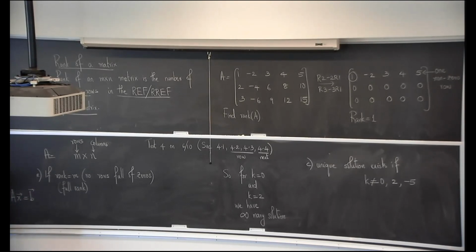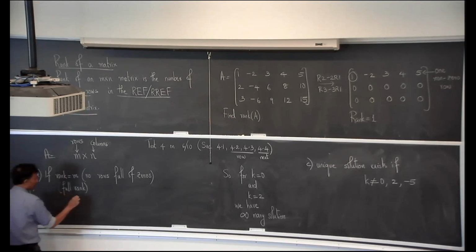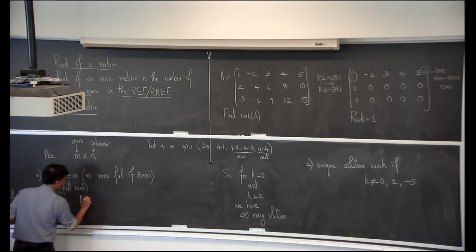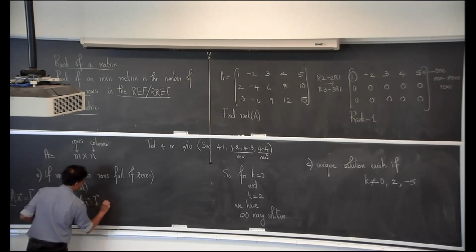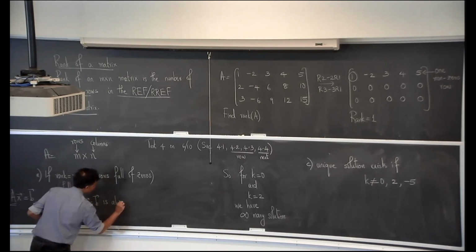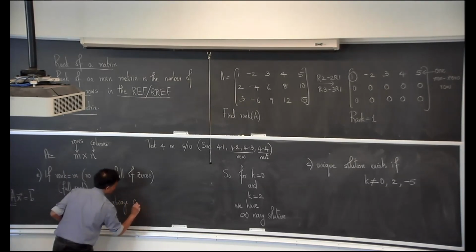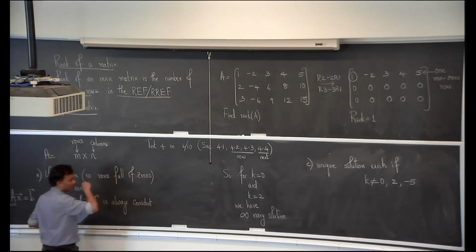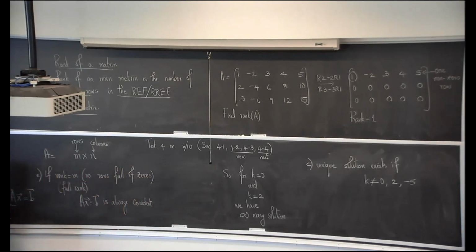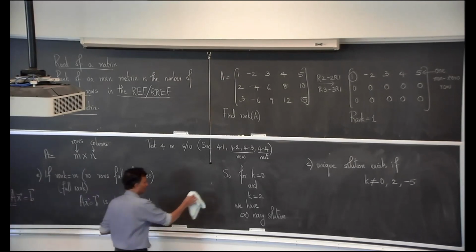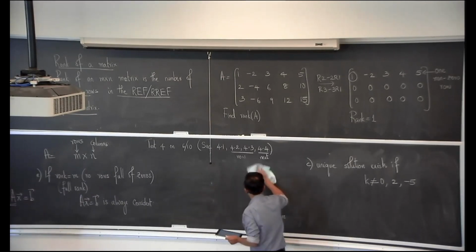It's always consistent, because this has no rows full of zeros. So the system Ax equal to b is always consistent, because inconsistency happens only if there is a row full of zeros equal to a non-zero number. If that situation is not there to begin with, there is nothing to worry about.